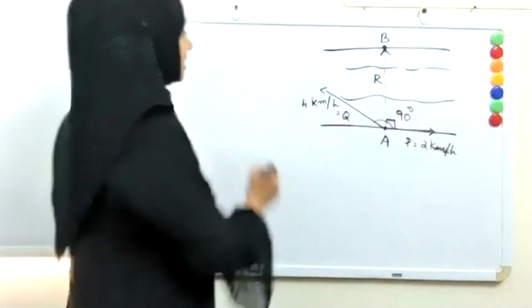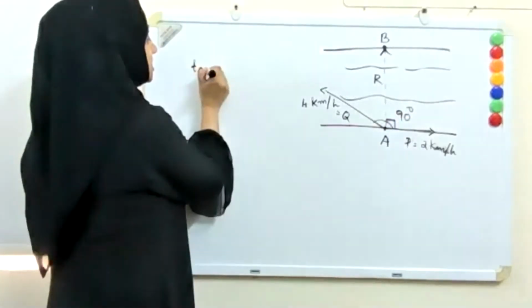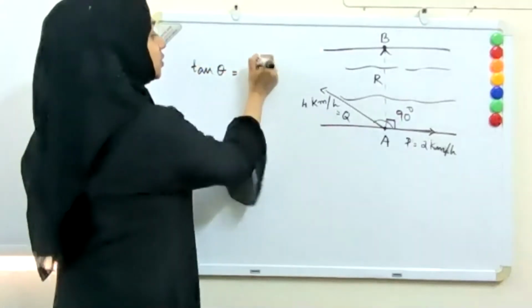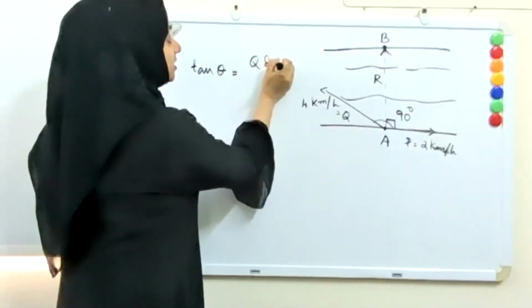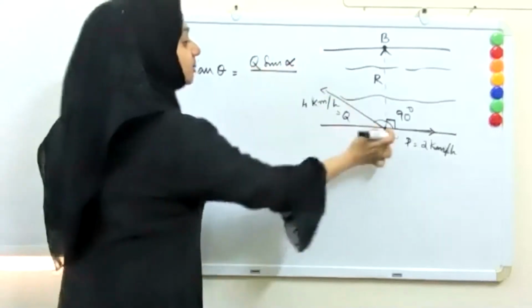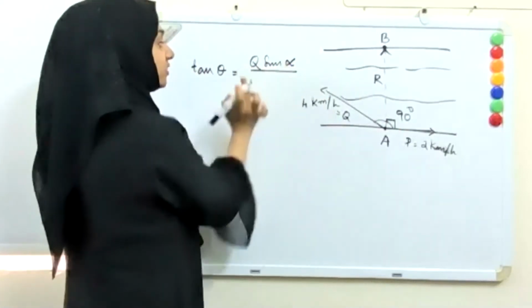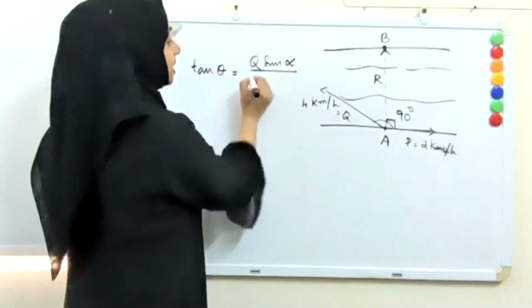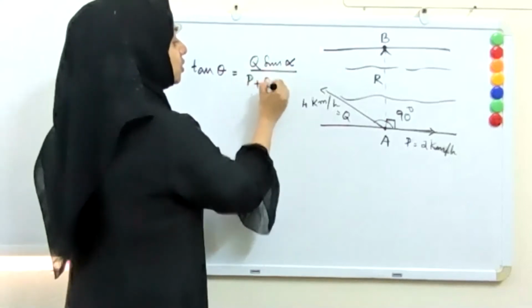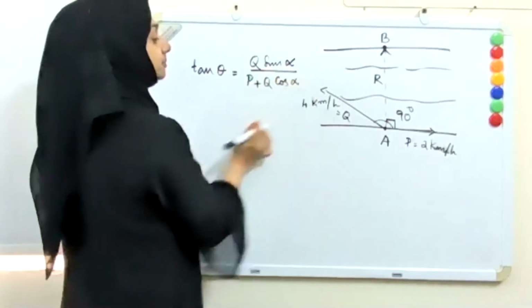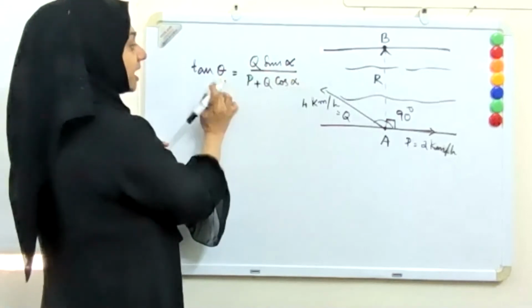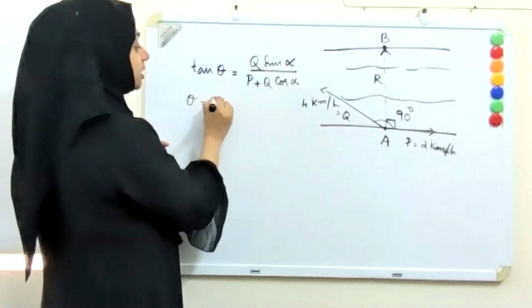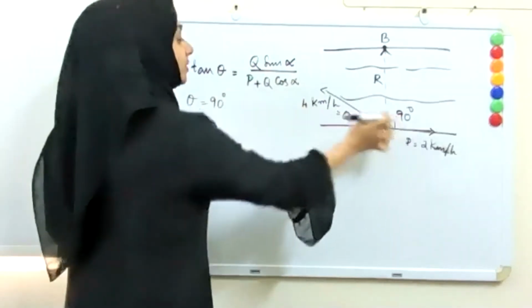So we know that tan theta, the resultant angle, is equal to Q sine alpha, where alpha is the angle between these two vectors, which we have to find, divided by P plus Q cos alpha. The resultant angle theta should be equal to 90 degrees.